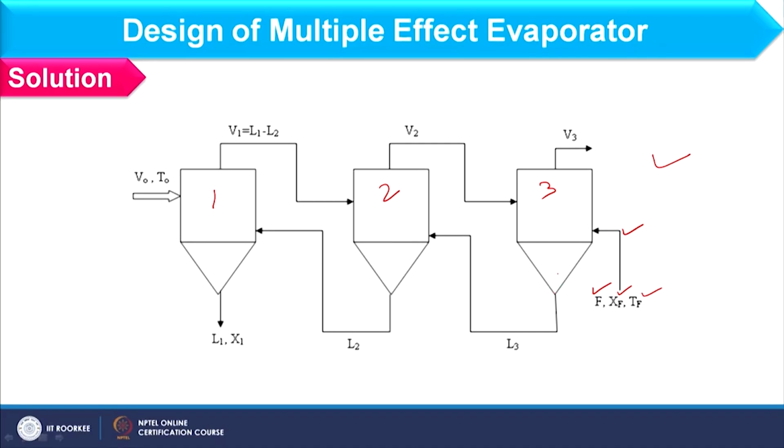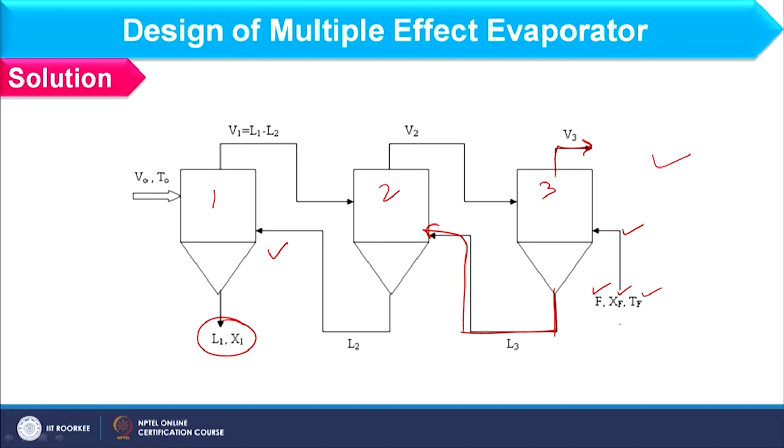When vaporization takes place, V3 exits from the top, L3 which is exiting from the bottom is entering into the second effect as shown over here, and so L2, and finally we have the product from the first effect and that is L1 and X1.